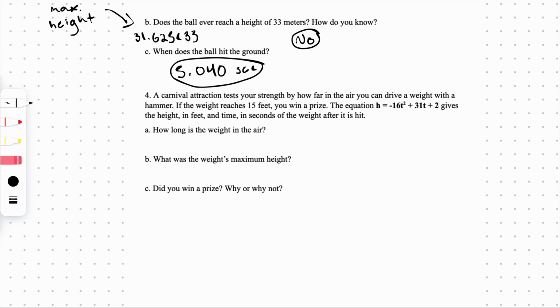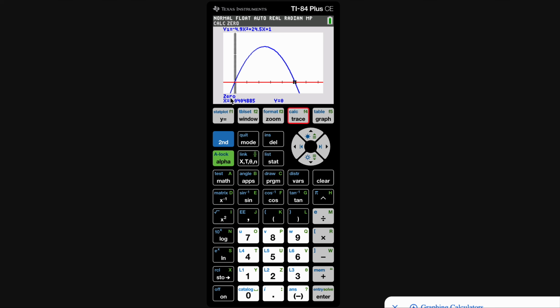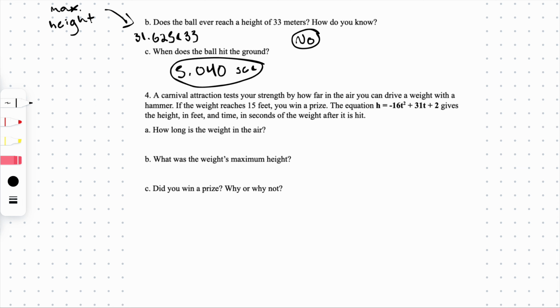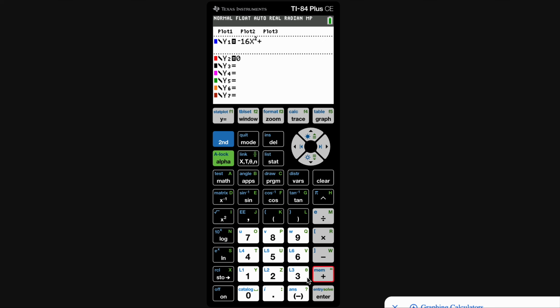Okay, so let's input this equation. So second mode, y equals clear. We had, I believe it was negative 16. I want to say. Yeah, plus 31t plus 2. So we just input our equation.